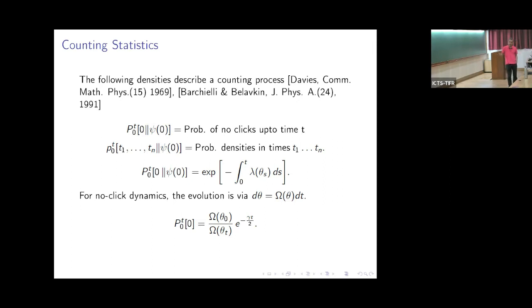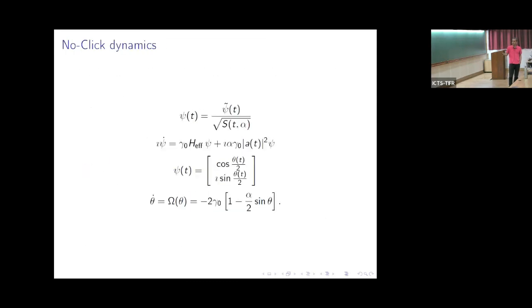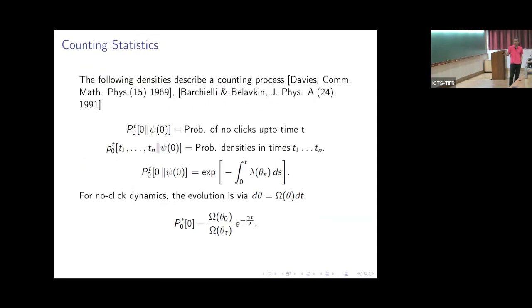For a stochastic intensity, this will happen with this probability, and this can be integrated to obtain this. And for various values of alpha, we can integrate this equation to obtain omega theta and this ratio. And we recover all the same probabilities that I have just now shown for various values of alpha. So this P0 indicates the probability of obtaining no count in time 0 to t.